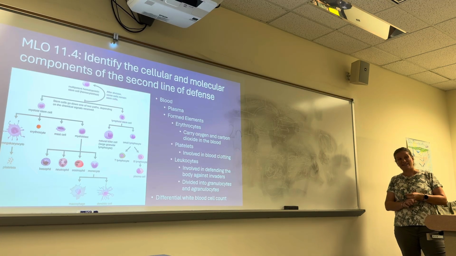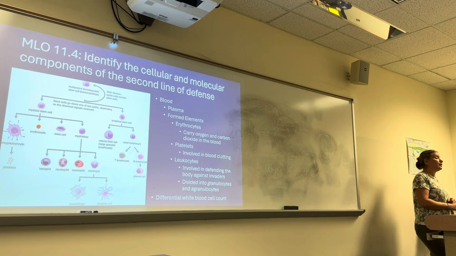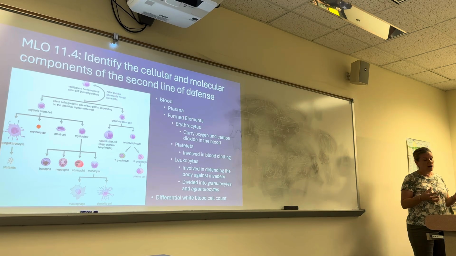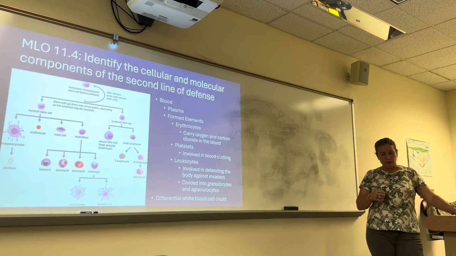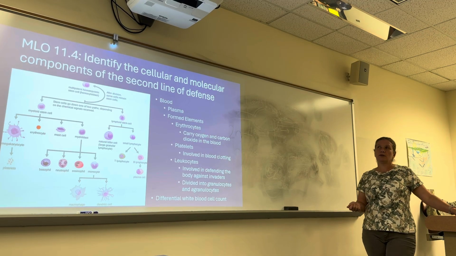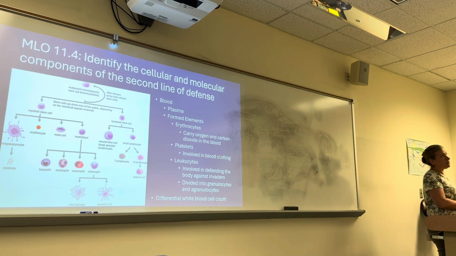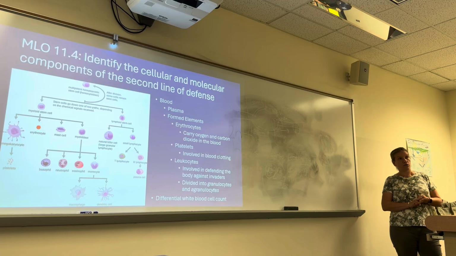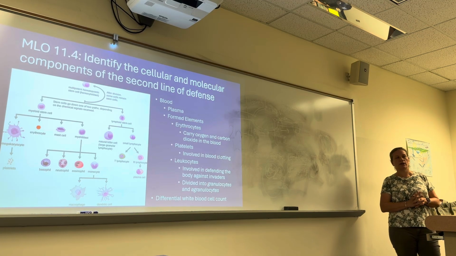There are specialized cells that are going to come into play. So we're looking at these antimicrobial chemicals and cells, and the combination of these units is going to create these processes. The processes we're going to be looking at would be the inflammatory response, phagocytosis, complement system, and interferon, as well as fever. Okay, so those are the 5 things we're going to be looking at.